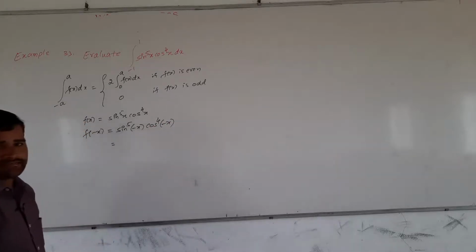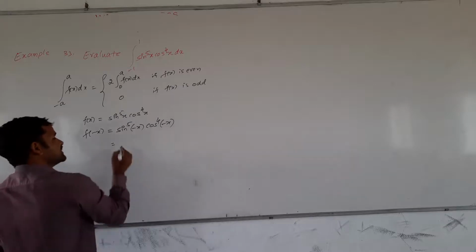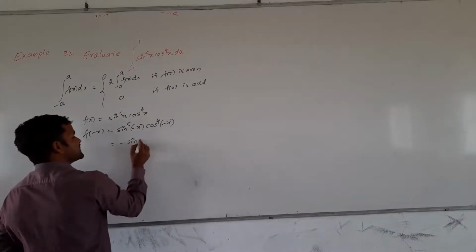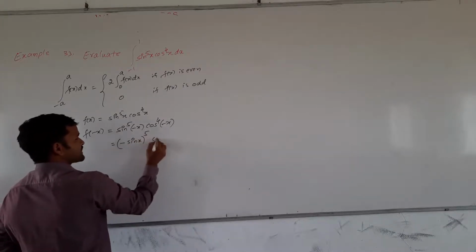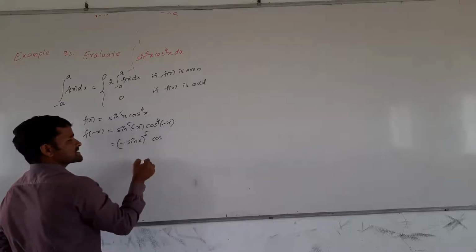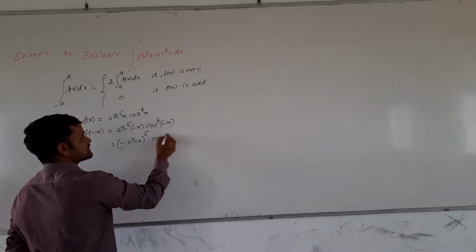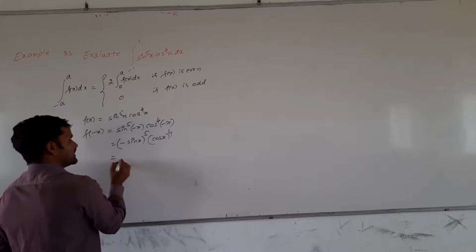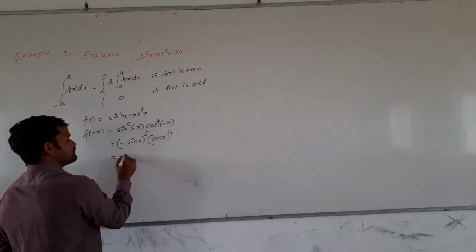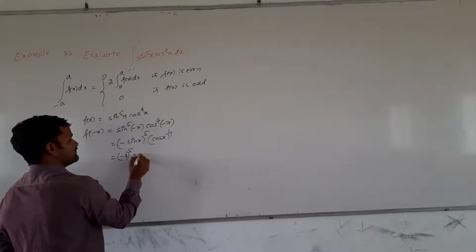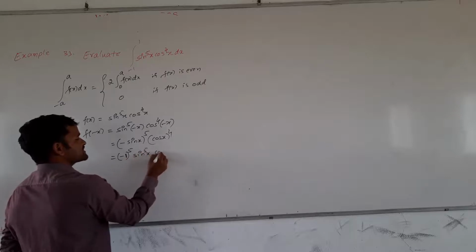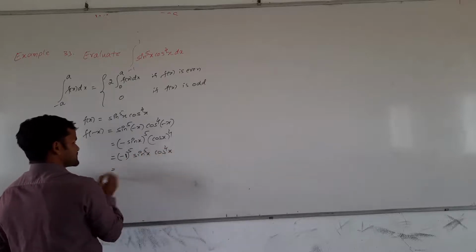Sin x is an odd function, so this becomes (minus sin x) whole raised to 5. Cos of minus x is plus cos x, so this becomes (cos x) whole raised to 4. Here minus 1 raised to 5 will be there, minus 1 raised to 5 into sin^5 x into cos^4 x.